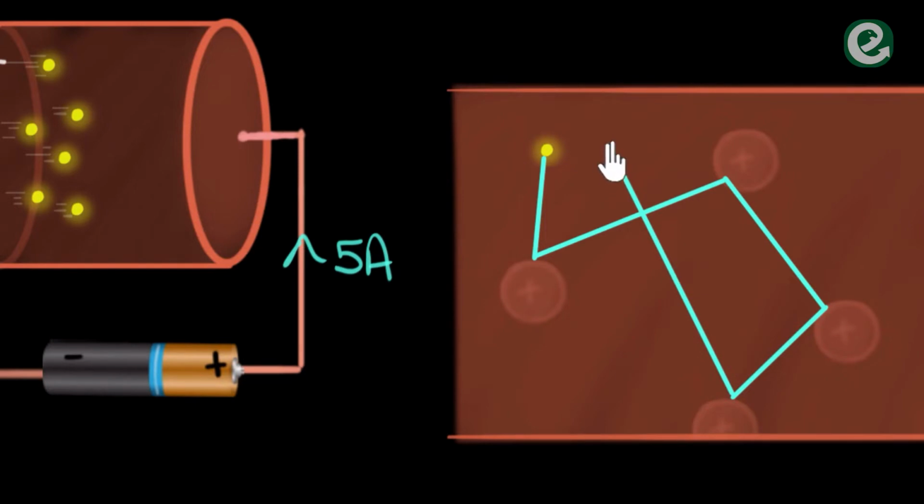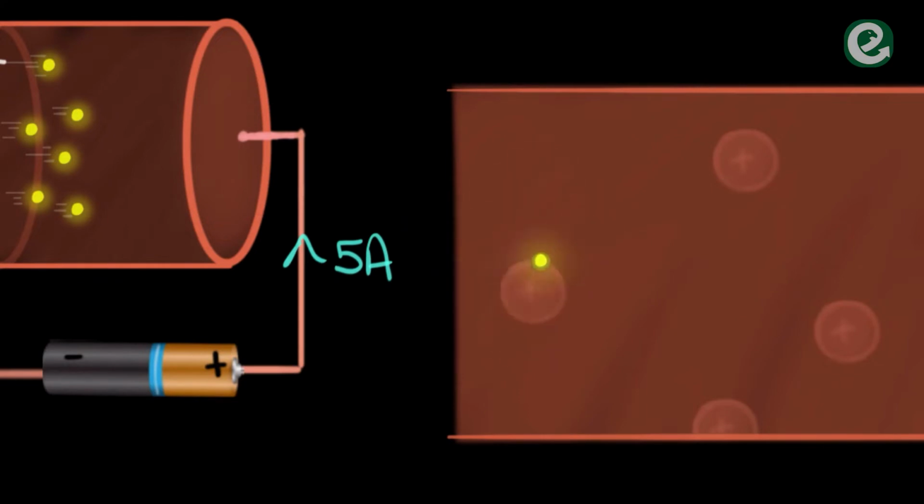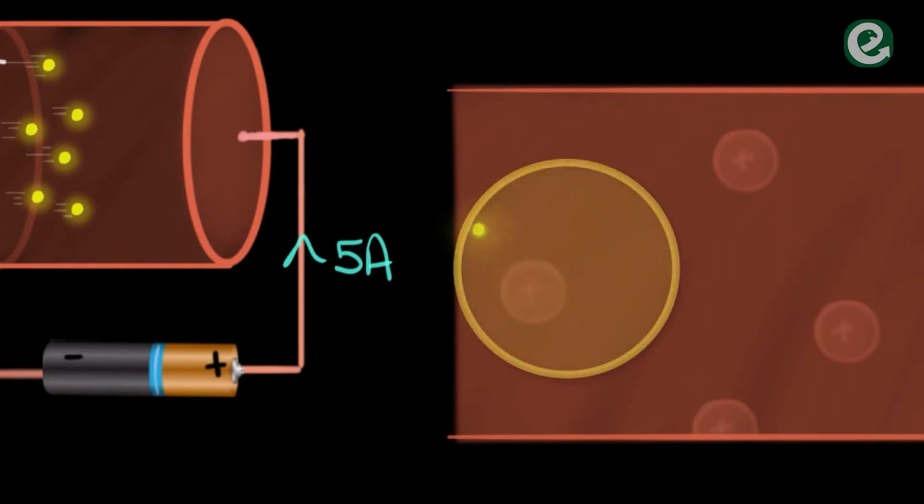Because of this zigzaggy motion, on a long time scale, if you look over a large time, the electron doesn't get anywhere. So here's how I like to visualize it. Look, the electron is moving randomly with very high speeds without a battery. But notice, it's pretty much in this spot. It's not moving anywhere.